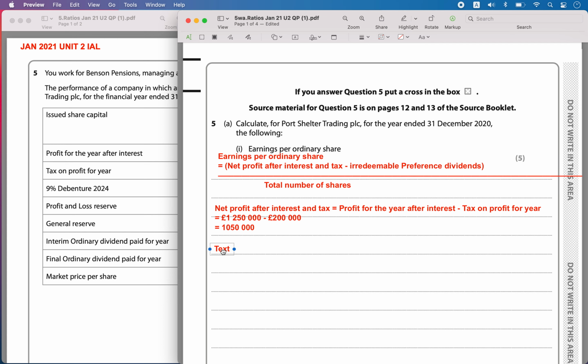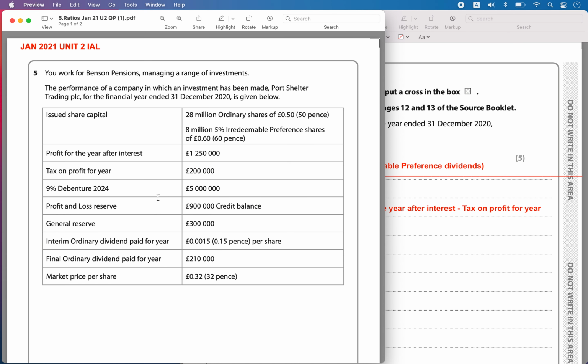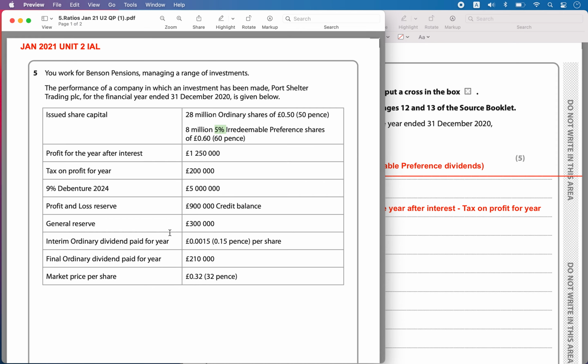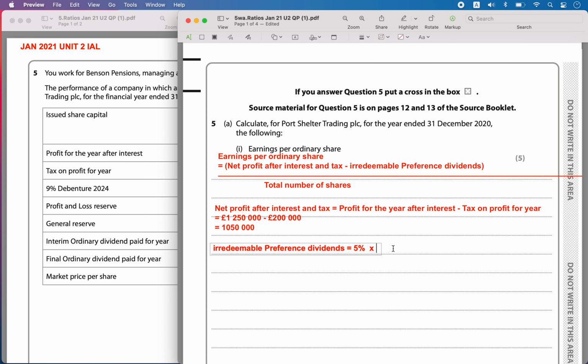Then irredeemable preference dividend payments we have to calculate. What is the dividend that was paid? You have 8 million 5% irredeemable preference shares of 0.6 pounds. We have to pay a dividend at 5%, so that is the preference rate into the capital value. What is the capital value?